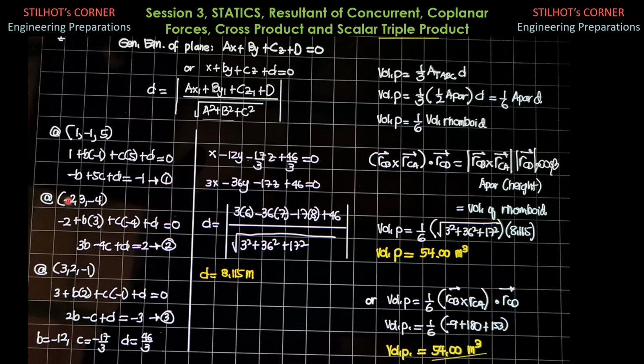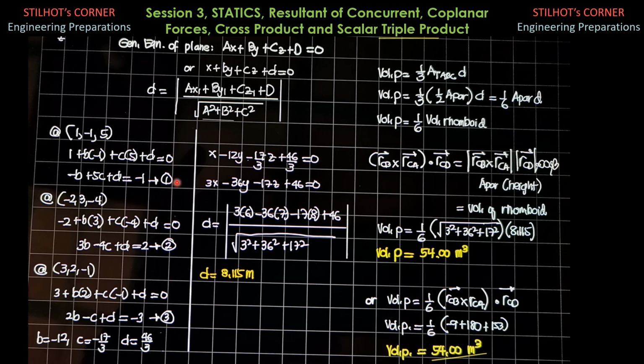Next, at point B, which is at negative 2, 3, negative 4, so x negative 2 into this equation plus b times 3 plus c times negative 4 plus constant d equals 0. Simplifying, 3b minus 4c plus d equals positive 2, equation 2. Then lastly, at point C, which is at 3, 2, negative 1, so x is 3 plus b times 2 plus c times negative 1 plus d equals 0, simplifying, 2b minus c plus d equals negative 3.